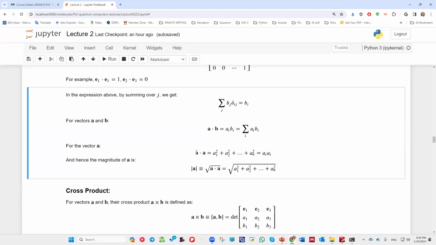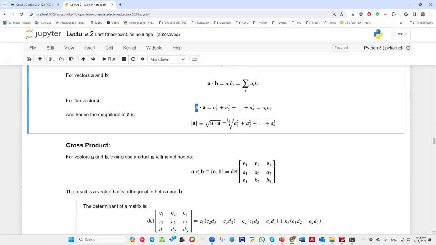I can take the inner product of a vector by itself, and it gives me the square of the vector. And if I take the square root of this value, it will return the magnitude of the vector, or modulus, the absolute value of the vector, which is essentially the magnitude or length of the vector in the space.